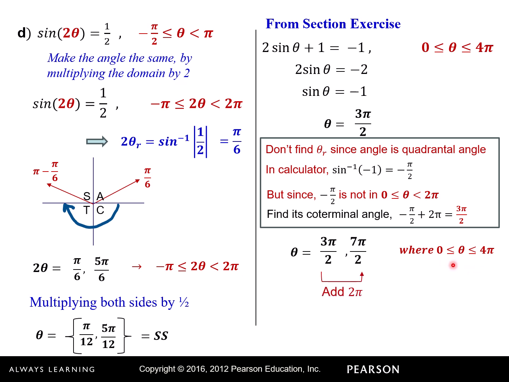So adding 2 pi to 3 pi over 2 will give us 7 pi over 2. So these two are the angle solutions from 0 to 4 pi. The solution for the interval 0 to 2 pi is 3 pi over 2, and the solution for the 2 pi to 4 pi domain is 7 pi over 2. So these two are the solution set.